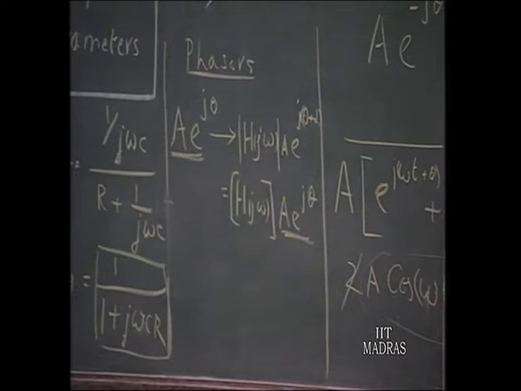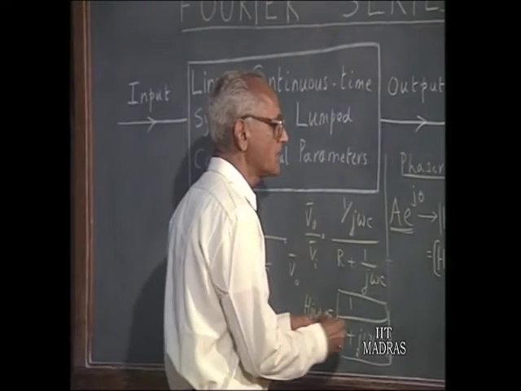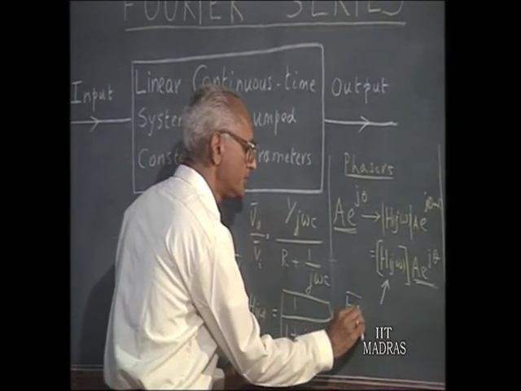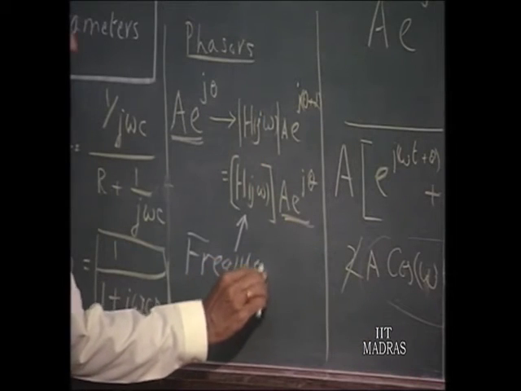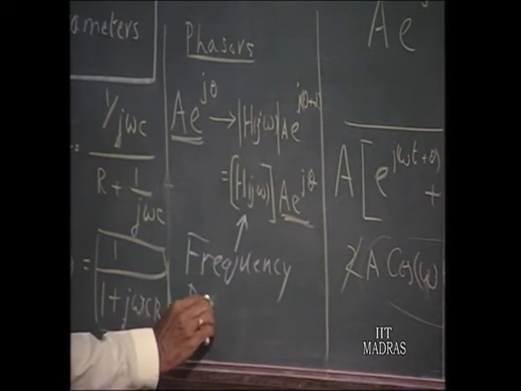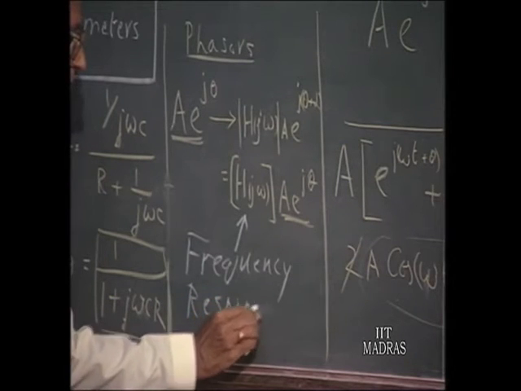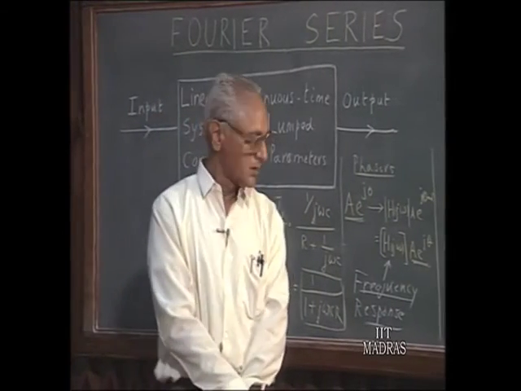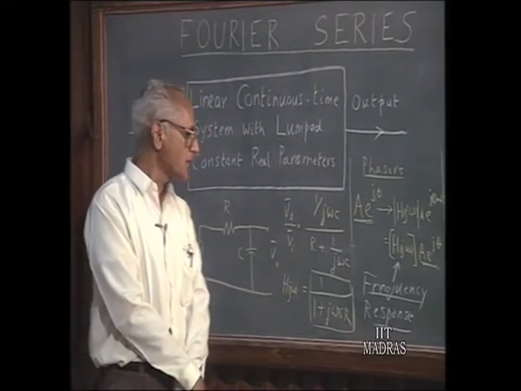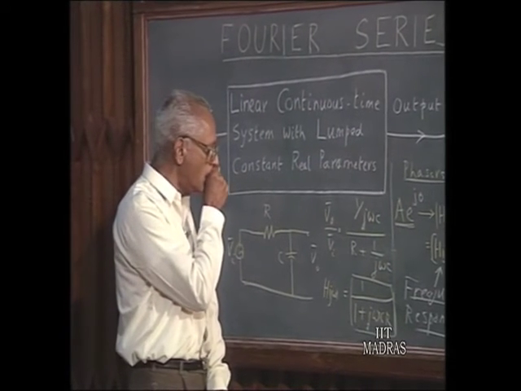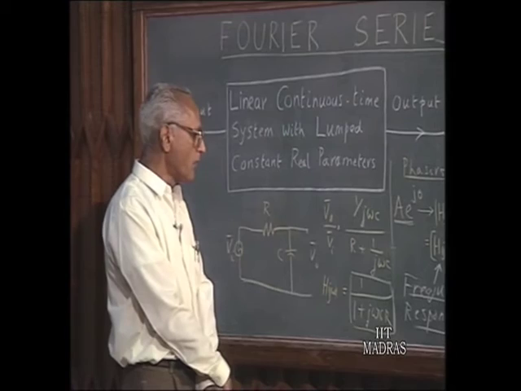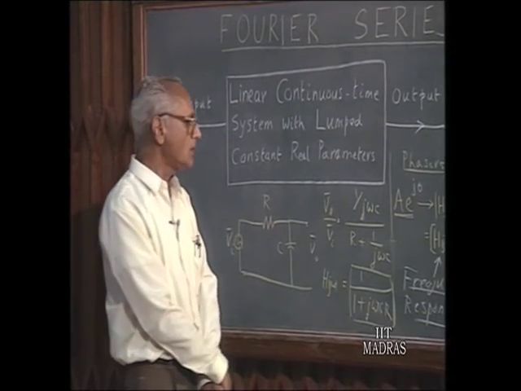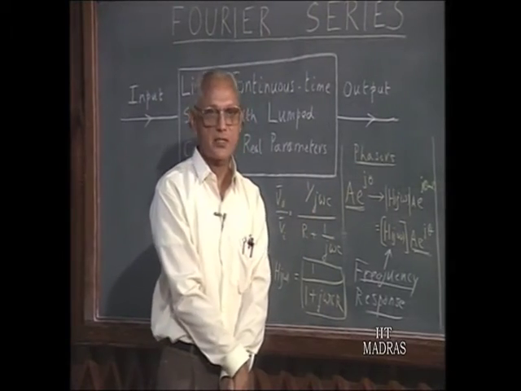The input-output relations of a system, if you express them in terms of H of j omega, which is called the frequency response function, are very convenient, and we would like to make use of this facility to the extent that is possible. And what is meant by frequency response function? It is the ratio of the output phasor to the input phasor under steady state sinusoidal conditions.